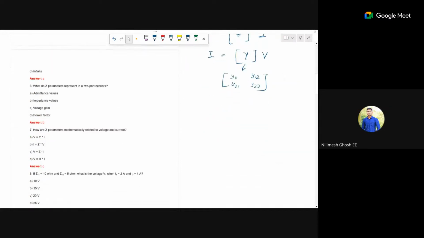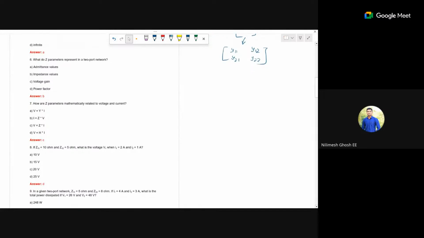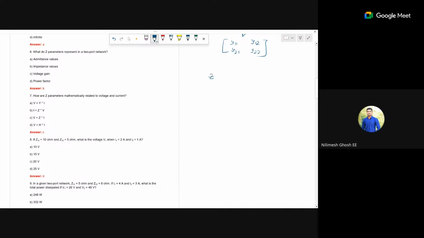Now there is a relation between them. Does anyone know what the relation between the impedance matrix and the admittance matrix is? The relation is Z equals Y inverse, or Y equals Z inverse.